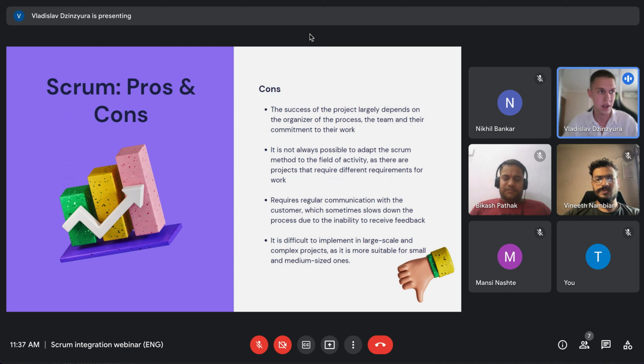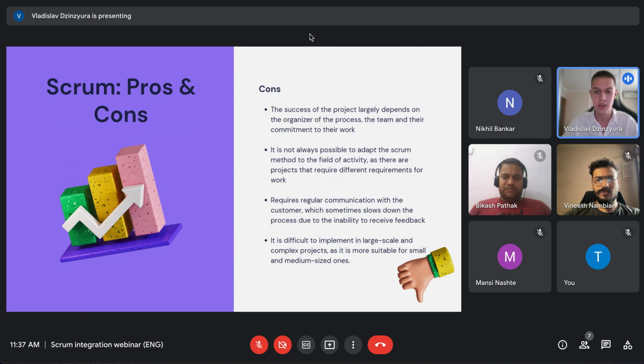Yeah, as I said, we have this point both in pros and cons. As for the cons, sometimes clients didn't give us feedback as fast as we wanted. So sometimes we need to stop, or it slows us down in achieving some goal or finishing the task.